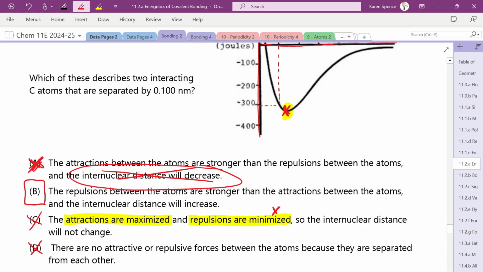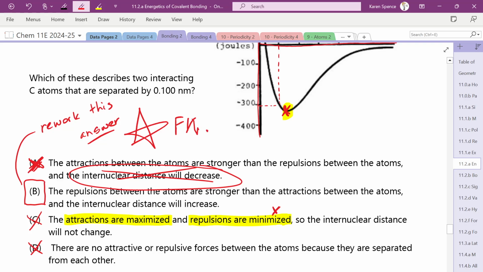Okay. Then maybe this is not a good question. Rework this answer. Fix. How's that? Better? Okay.